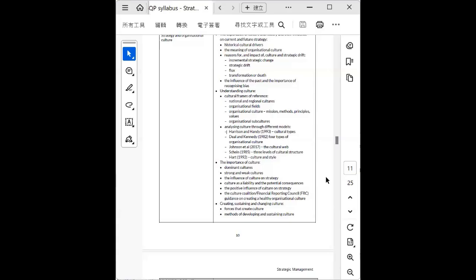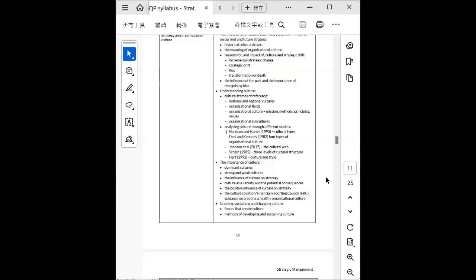For example, Harrison's and Handy's cultural types include power culture, role culture, task culture, and person culture. The power culture is characterized by centralized decision making, where the authority is concentrated in the hands of a few people.